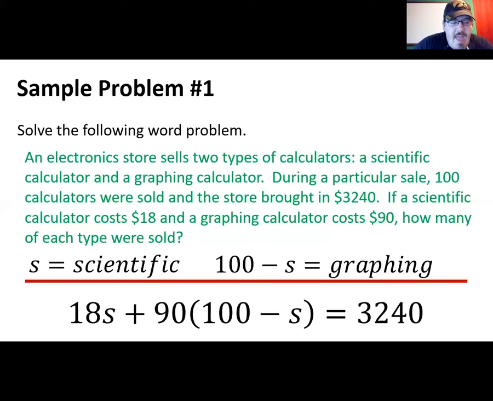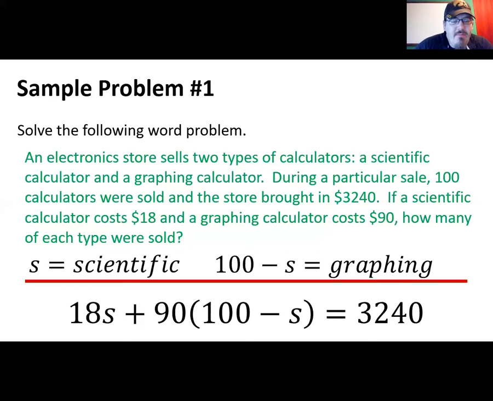And then finally, we add those two pieces together because we know that the total amount the store brought in was $3,240. So 18S represents how much was brought in for the scientific calculators, and 90 times 100 minus S represents how much was brought in for the graphing calculators. Adding them together equals the total.